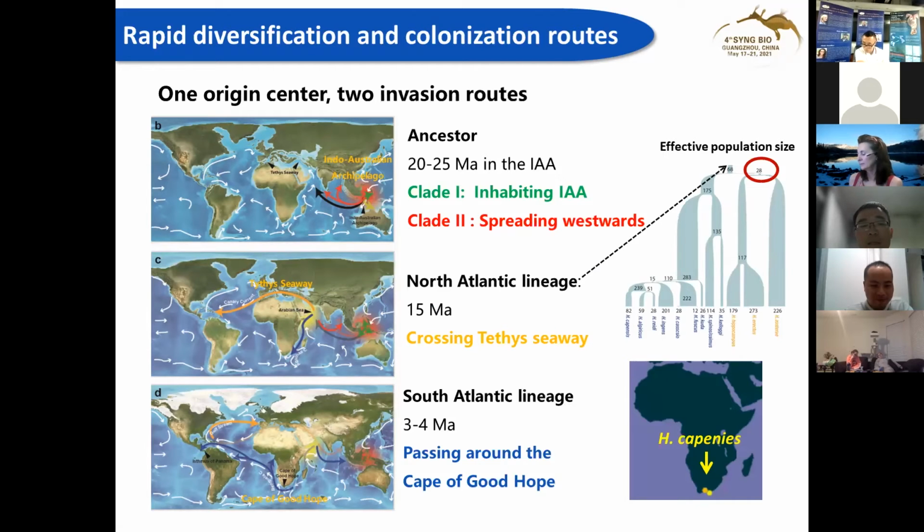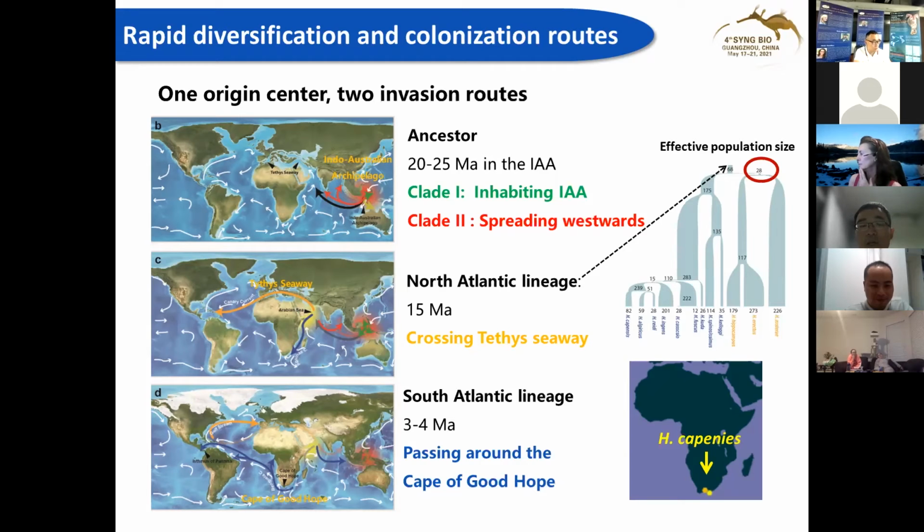And then we find that, firstly, the Indo-Australian archipelago, just the IAA areas, was identified as the center of origin of the seahorse genus. And subsequently, the seahorses diversified and spread globally.